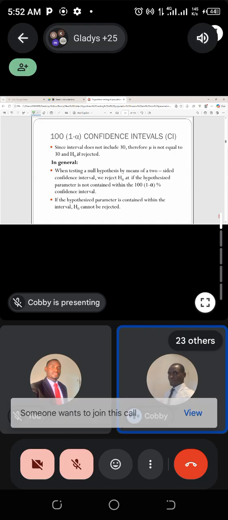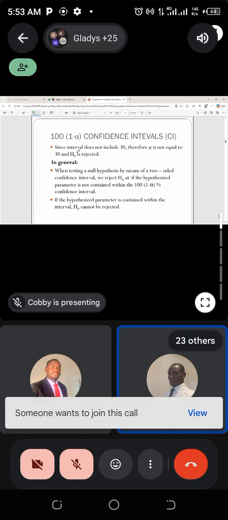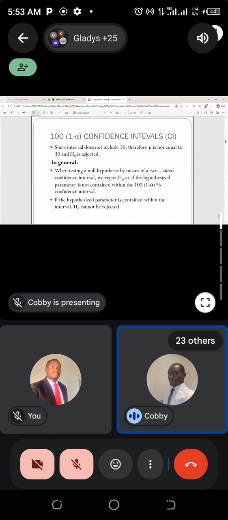And we reject the null hypothesis, which says the population mean is equal to 30. Okay? So in general, when testing a null hypothesis by means of a two-sided confidence interval, we reject the null hypothesis if the hypothesized parameter is not contained within the 100% confidence interval.